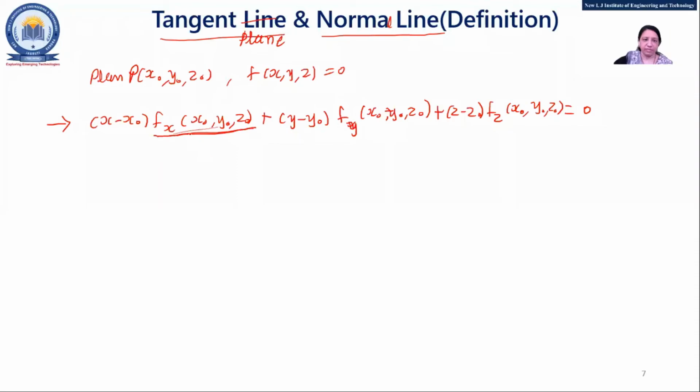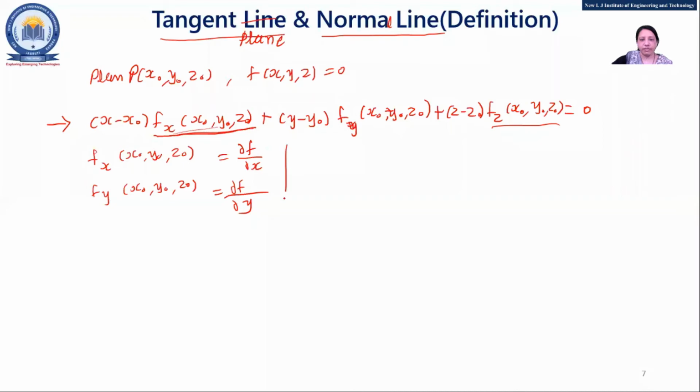Maybe I taught you. Okay, so it's simple. The fx at (x0, y0, z0) is nothing but the partial differentiation of f with respect to x. In the same way, fy at (x0, y0, z0) is nothing but the partial differentiation of f with respect to y, and the same for z.